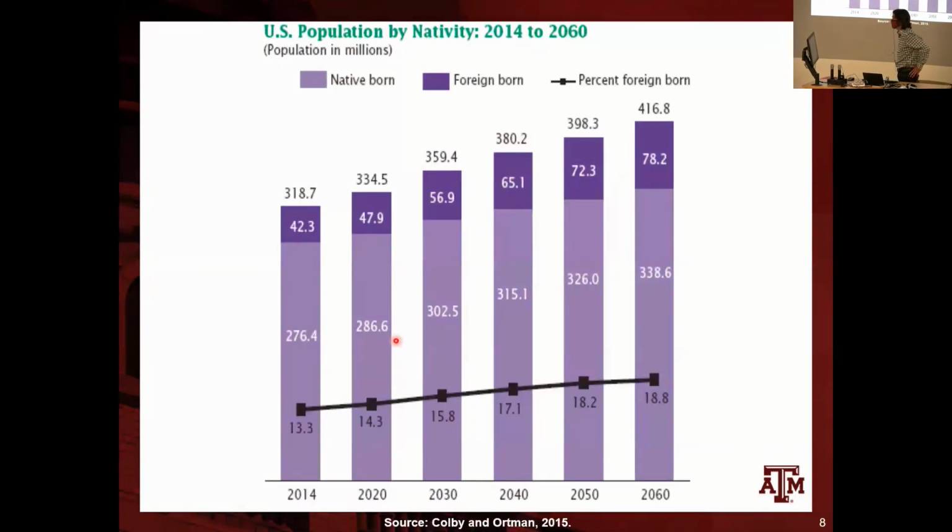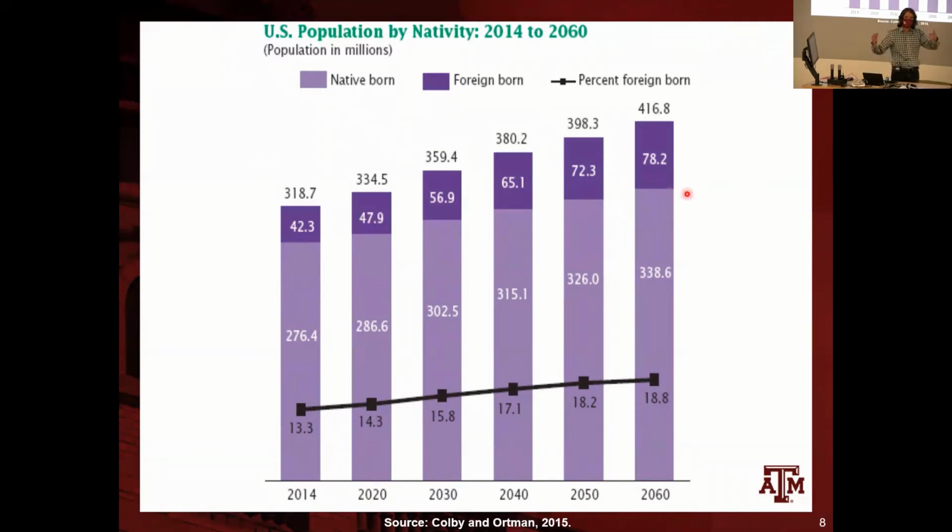And this is the population of the US by nativity. We have the native born population in the US from 2014 projected to 2060, increasing from 276 million to 338, and the foreign born population increasing from 42 to 78.